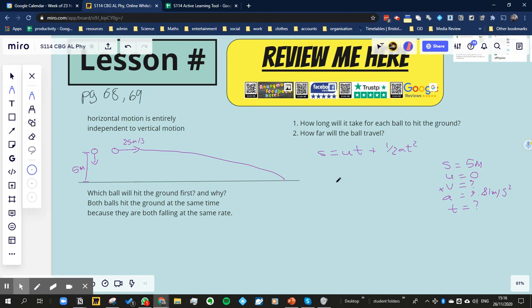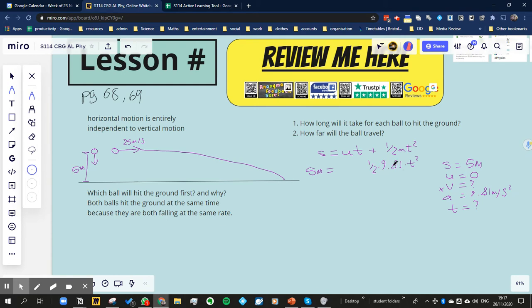That makes sense? So in other words, 5 meters is equal to 0 times t, which is just 0, plus half times 9.81 times t squared. So basically the 0 doesn't need to be written. So we've got that.